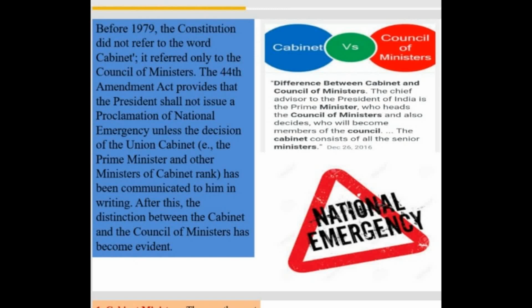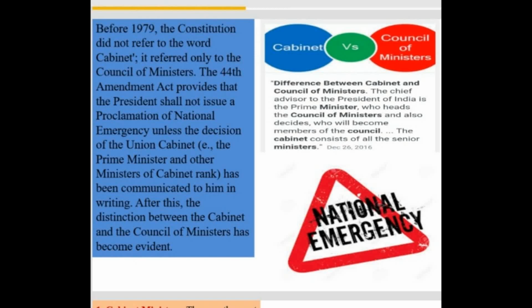So what do you mean by Union Cabinet here? Union Cabinet includes the Prime Minister and his team of core important ministers. Not four, it is core, C-O-R-E, core. So the very important ministers to the Prime Minister were referred to as Cabinet.